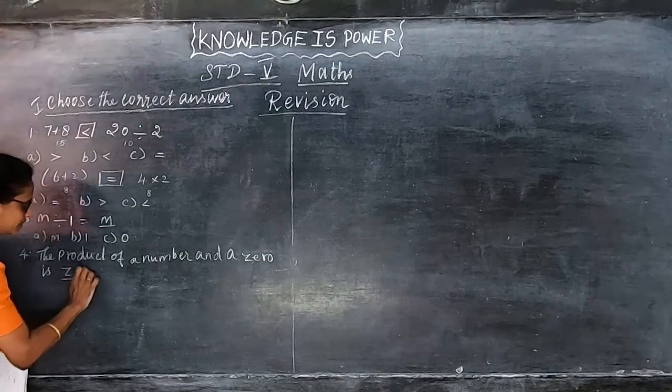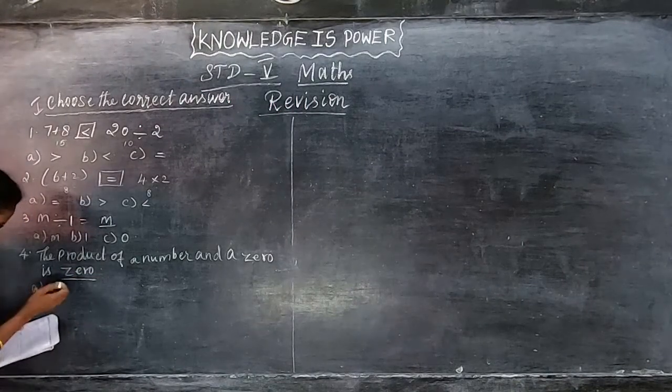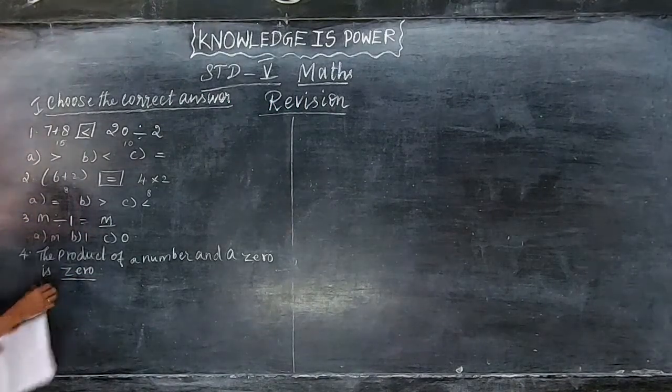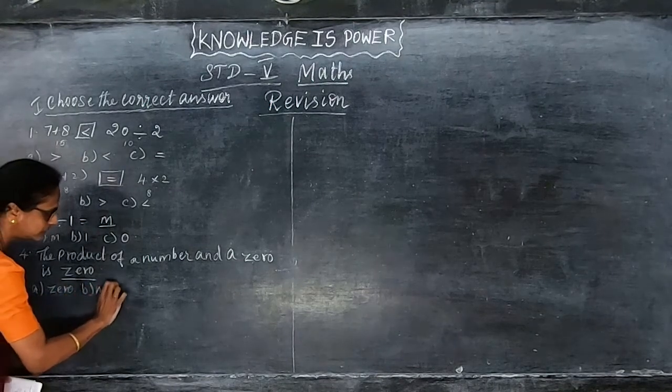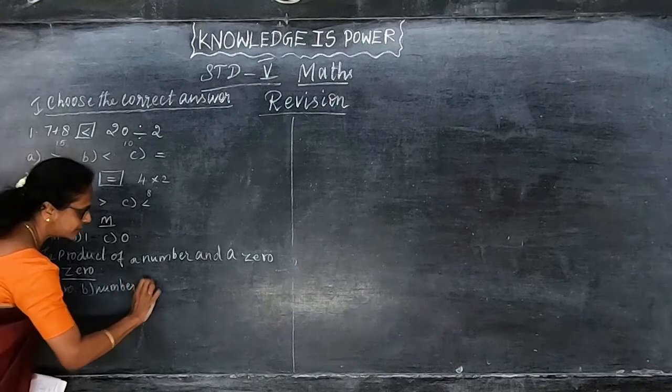So the answer is 0. A is 0, B is the number and C is the product.